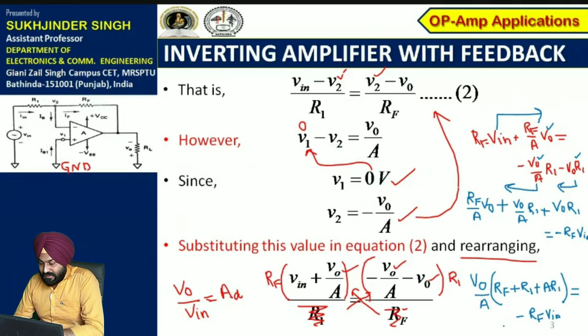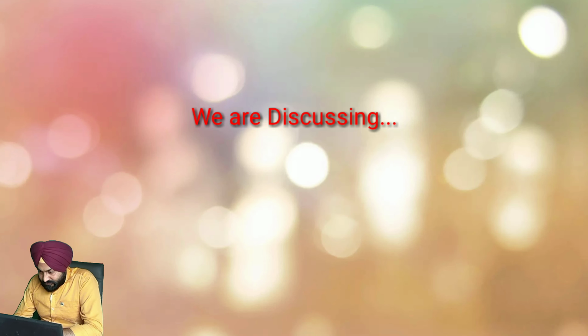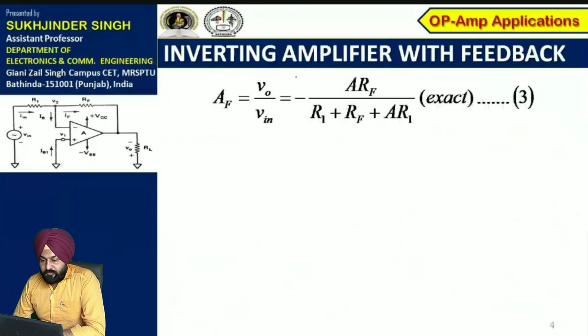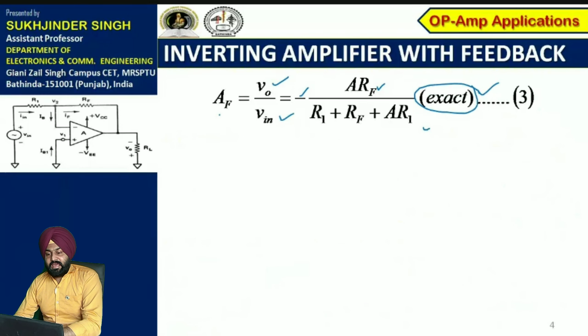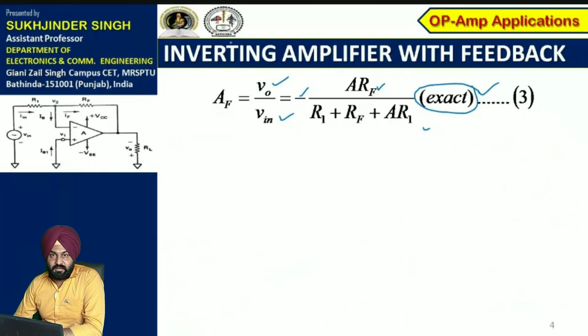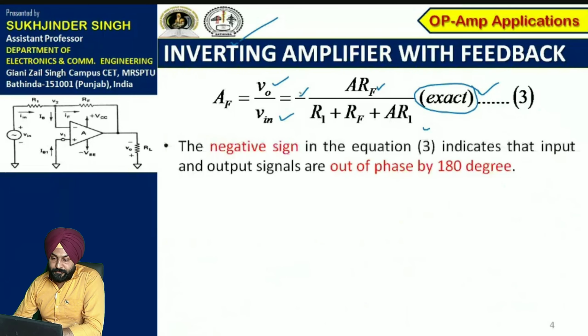Now from this expression, calculating the ratio of V0 upon Vin and after rearranging, you will get V0 upon Vin as minus A into RF divided by (R1 plus RF plus A R1). This expression is referred to as the exact differential gain or gain with feedback for the inverting configuration of op-amp.